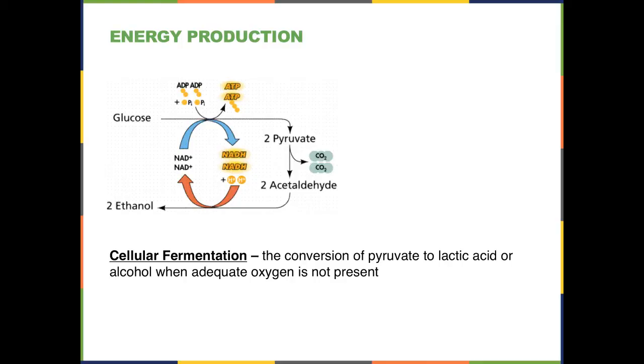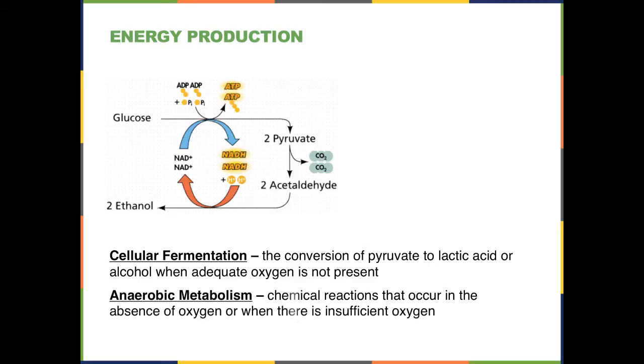This is then converted from acetaldehyde to alcohol. And this is the process that happens when you make beer or wine. You start out with glucose, you have organisms that are present, yeast organisms or other types of organisms, and they convert that glucose into alcohol with the production of carbon dioxide. And this is what is known as fermentation.